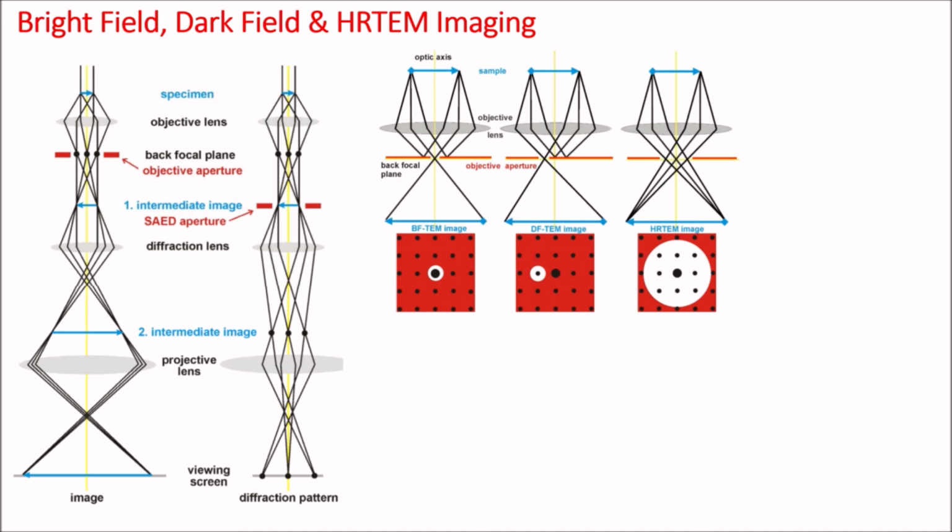The selected beams then build up an image with particular information. If only the beam on the optic axis is allowed to pass the aperture, a bright field TEM image is formed. The aperture can be shifted to select one or more diffracted beams, resulting in a dark field image.